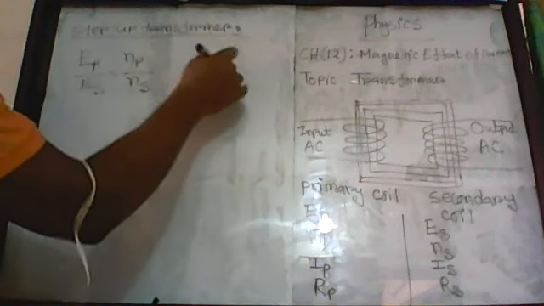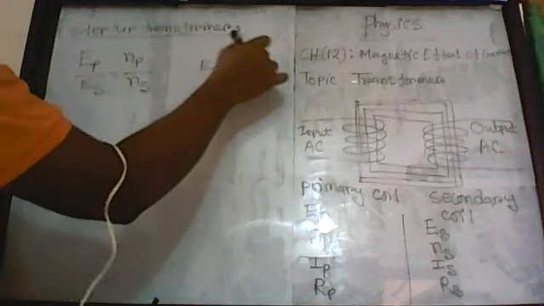How can I make this step up transformer? Let's see. At first, the general formula EP divided by ES equals NP divided by NS. I just take this part only. For the case of a step up transformer, obviously the secondary voltage must be greater than the primary voltage.